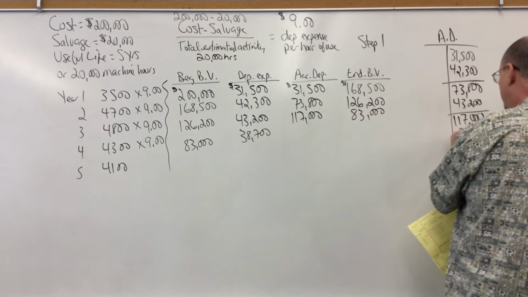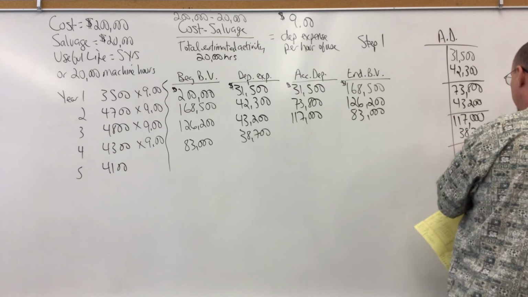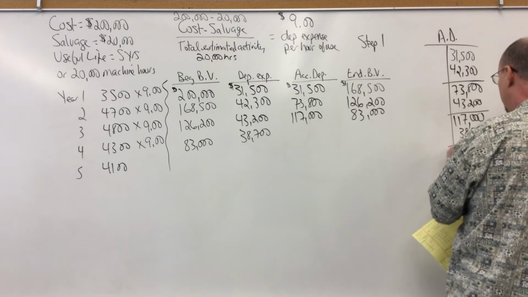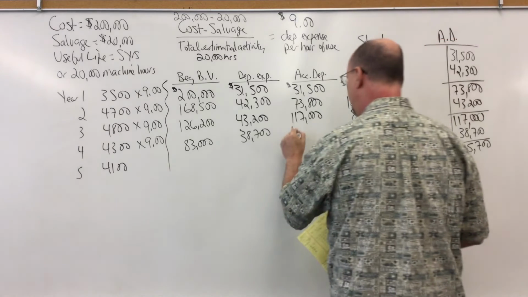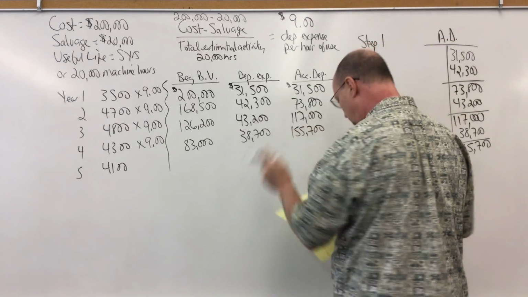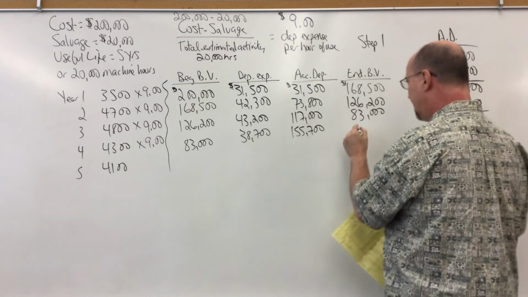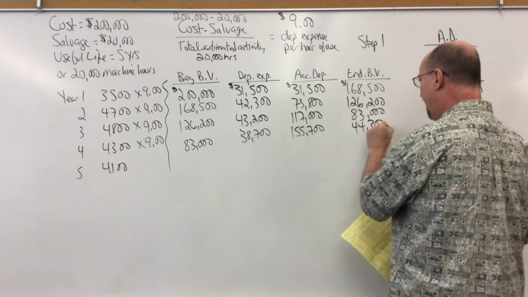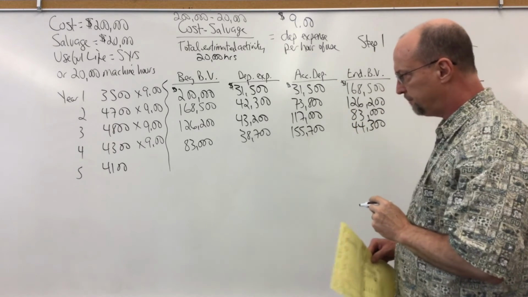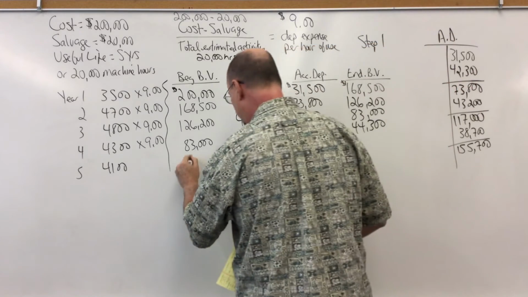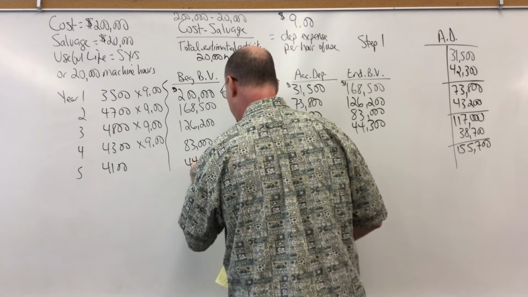Let's add that to accumulated depreciation. And we have $155,700 of accumulated. And that gives us ending book value of $44,300 at the end of year 4. And that, of course, becomes beginning book value for year 5.